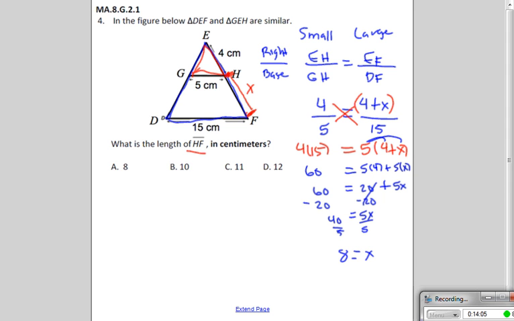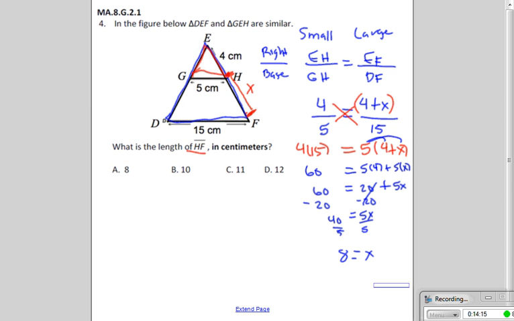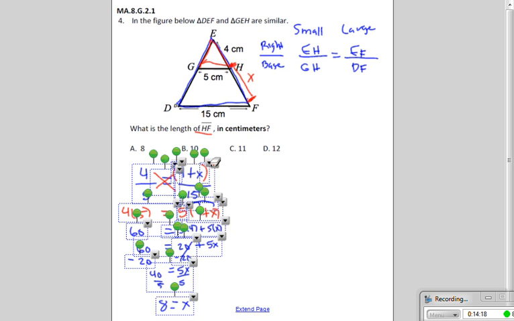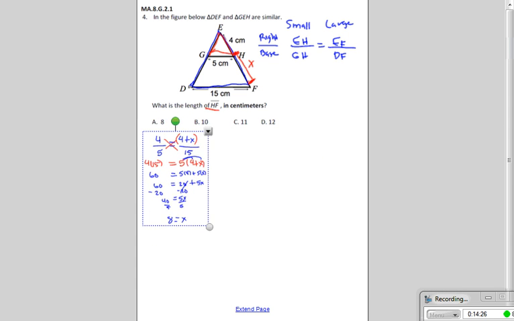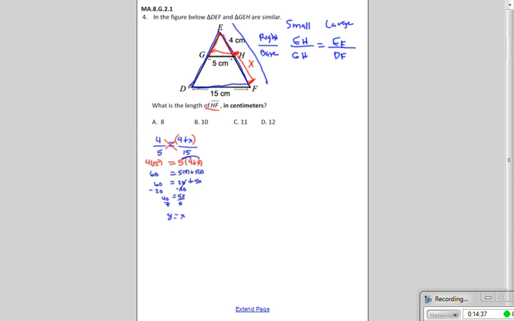The alternative method for doing the same problem, everything would be the same except that at the point that I am looking to plug in, I'll assign this entire length a new variable, and let's call that Y. So now, the small side would again be 4 over the base, which is again going to be 5.